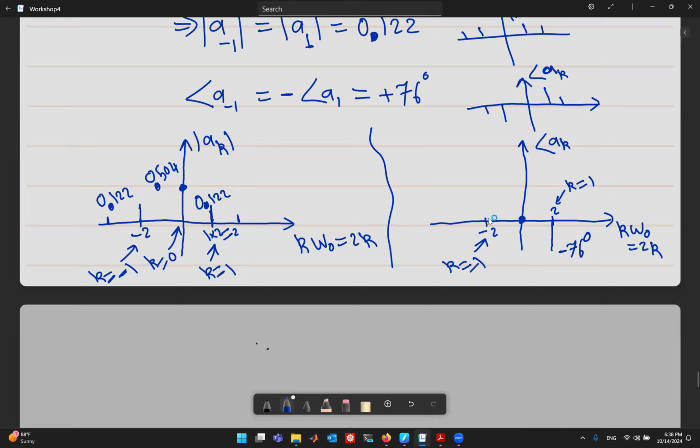And when k equals minus 1, we got plus 76 degrees.